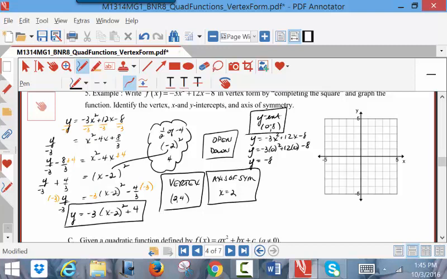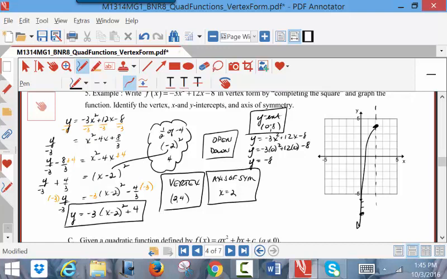Looking good. Okay, (2, 4) up here. Y-intercept is (0, -8). Yeah, it's going to be very narrow, right? Way down here. Axis of symmetry right here. Coming down like that.